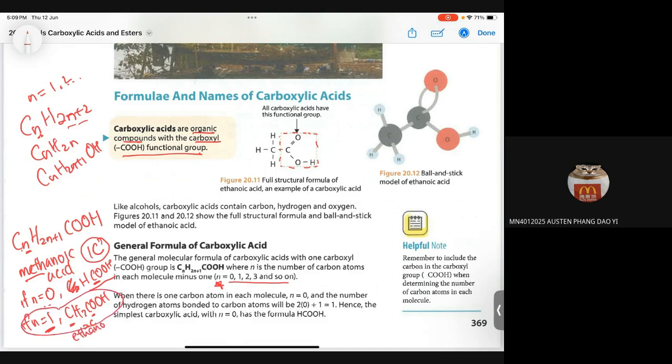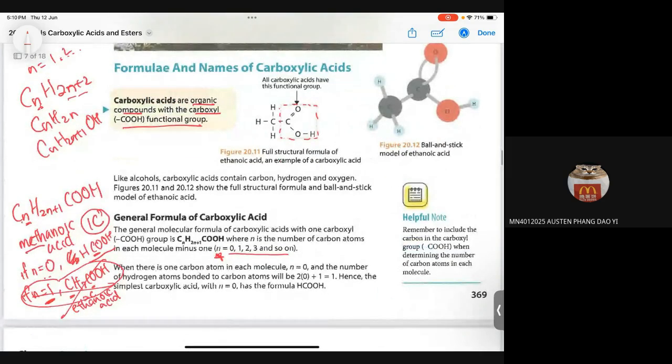You will not get your methanoic acid. Make sense? Thumbs up if okay. So just be careful of the general formula for carboxylic acid. The n doesn't start from 1. The n starts from 0 because of the carbon at the functional group.